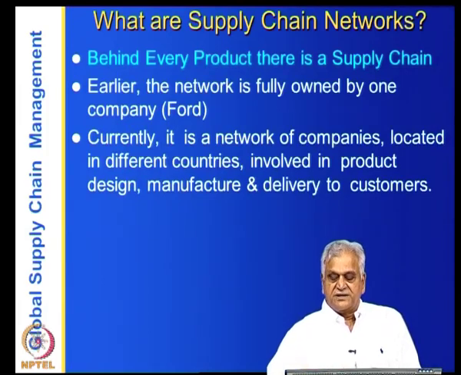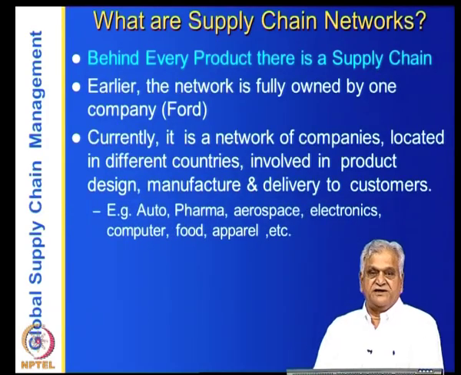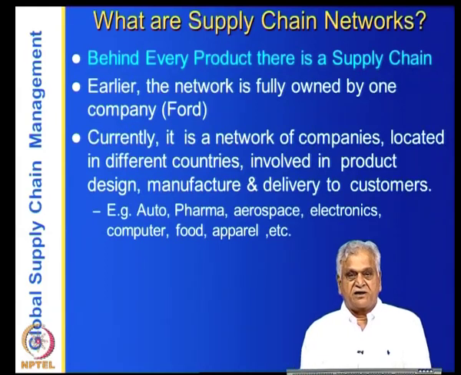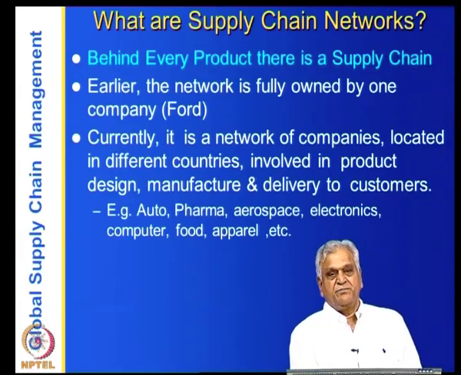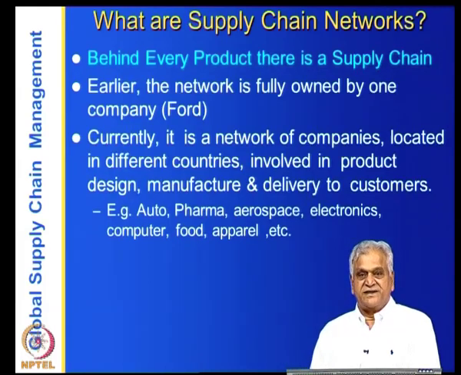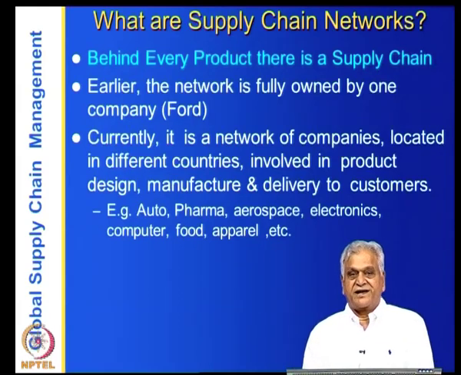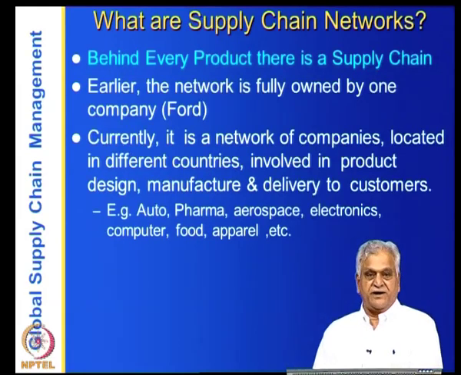Because there are several companies involved in the manufacture of this, there are some complications that occur, because if you own the company and the company has a president or the owner who can dictate the terms, but in the case of a network of companies, it becomes difficult. The governance of the company becomes an important aspect.